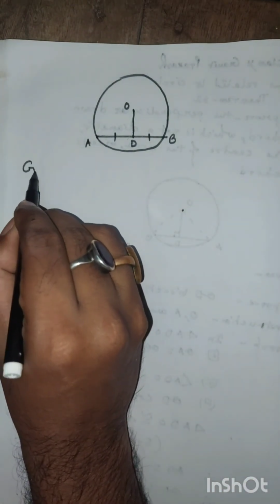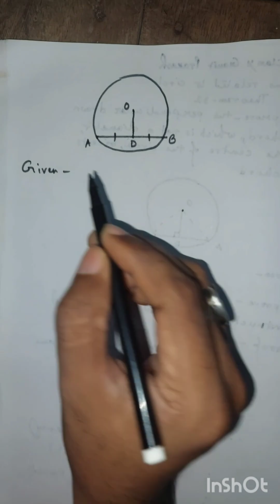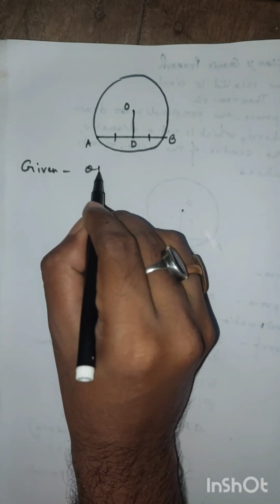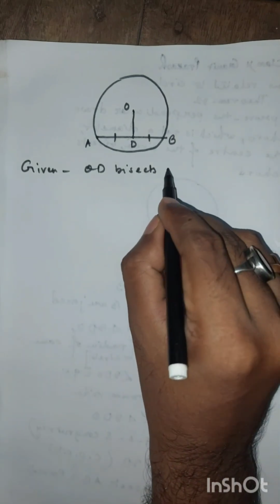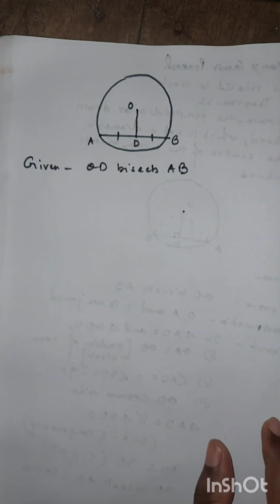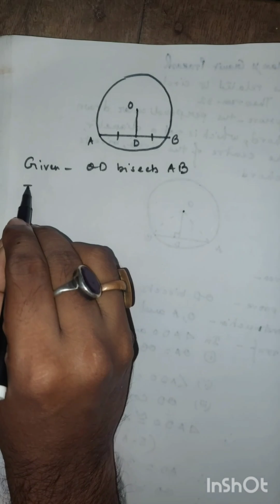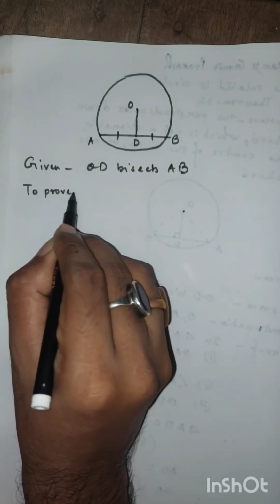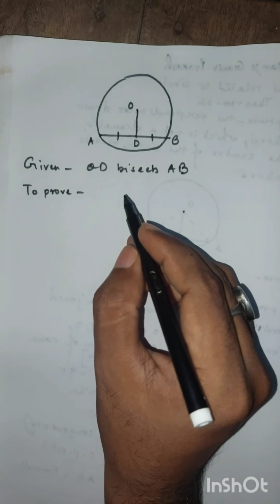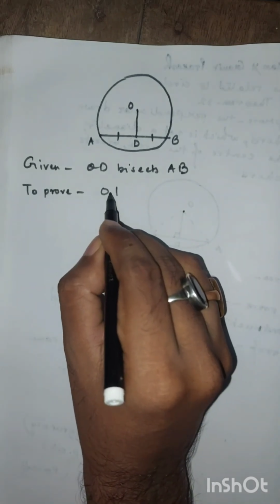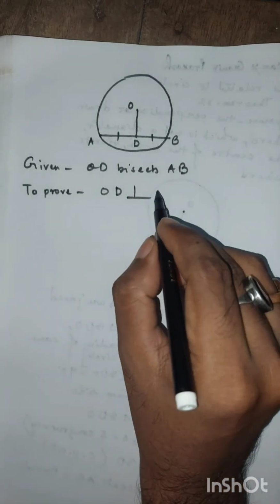So given, to prove OD is perpendicular to AB.